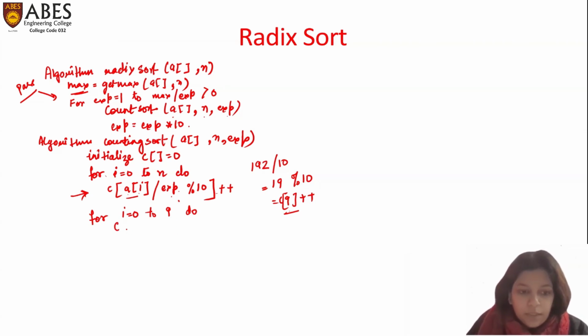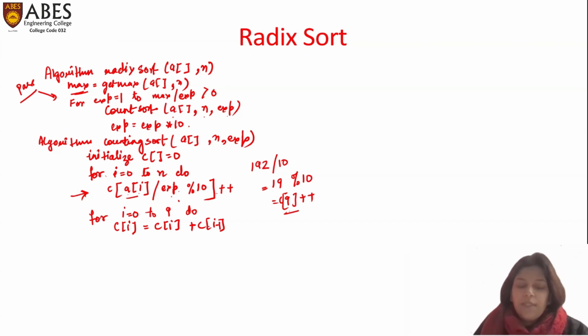We have to write Ci is equals to Ci plus Ci minus 1, right? So in this way, the counting array will now store the cumulative frequency, such that we will come to know how many numbers are less than or equal to any index. Right? Now what do we have to do?